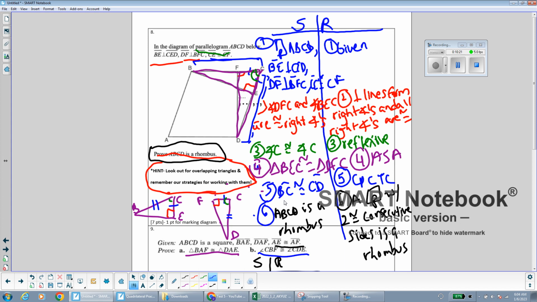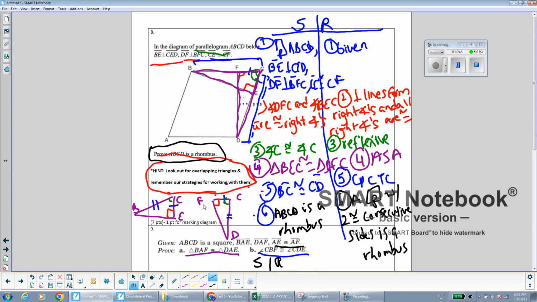And then whenever you have quadrilateral proofs, always look for triangles inside those quadrilaterals. And once we figured out that we needed sides of the parallelogram to prove it was a rhombus, it was pretty easy to figure out which triangles had the sides that we were interested in as sides of those triangles. Overlapping triangles come up a lot.